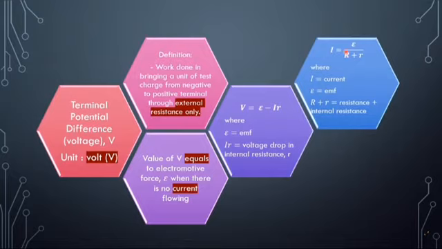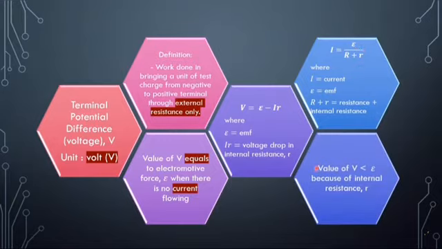Next is how to calculate current if we are given EMF, resistance, and internal resistance. Current I equals EMF over resistance plus internal resistance. So here we take both the value of resistance and also internal resistance.